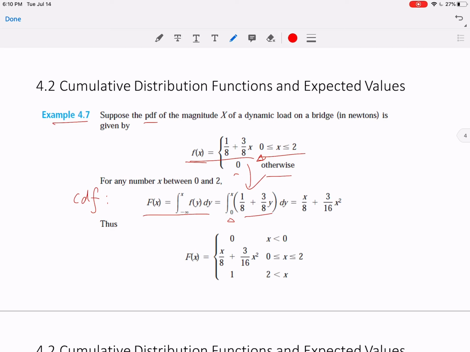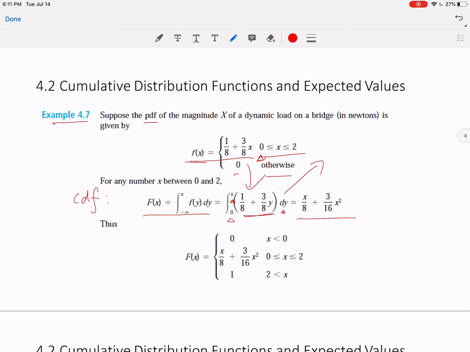Why do we have y here? Because we have already used the x over here. We want our final answer in terms of x. So since we used the x over here already, we use the y inside of the integration.